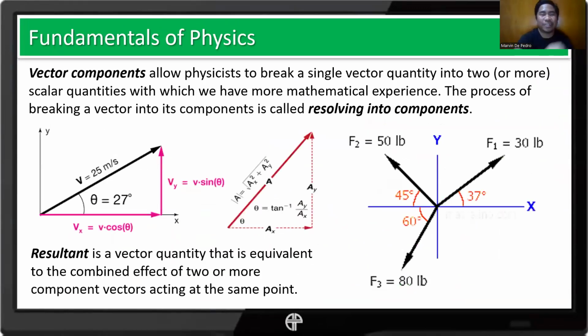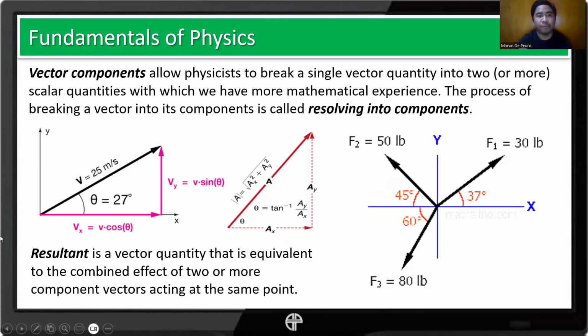Now, moving on with vectors, we have such a thing as vector components, which allow physicists to break a single vector quantity into two or more scalar quantities, with which we have more mathematical experience. The process of breaking a vector into its components is called resolving into components.